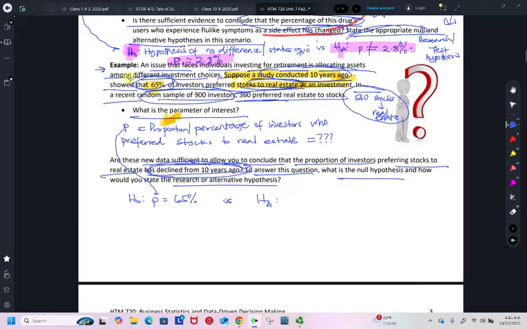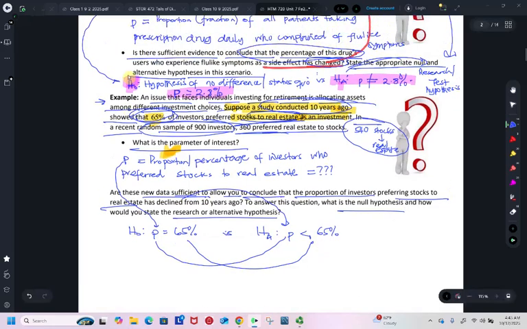That is what we want to research or test. And that should go in your alternative hypothesis. So if it has declined, it means that the proportion has fallen below what it used to be, 65%.